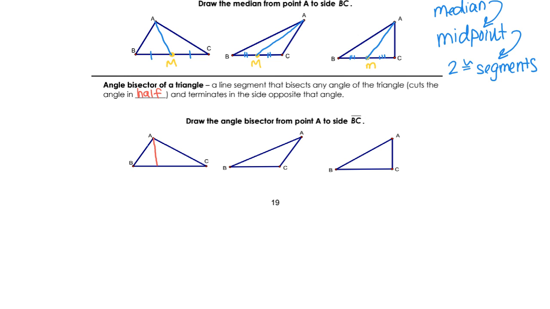Maybe in some triangles, but if you're just an angle bisector, the only thing that is really required is two equal angles. Okay, so these two angles here are equal, and I showed you by arc marking them. We have no idea what happens when that angle bisector gets to the opposite side. The only thing I can say that an angle bisector does is cut an angle into two equal angles.